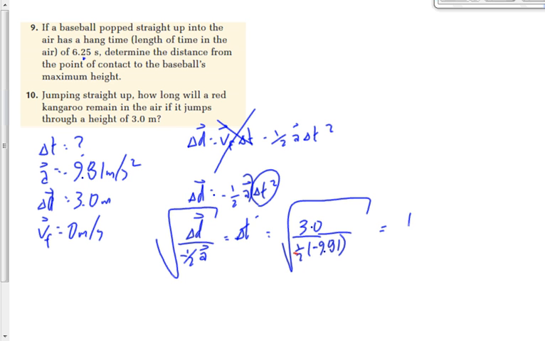You have what it is on there? 0.78? That sounds about right. Anybody agree with that? I see all these heads bobbing. Yeah, I agree with that. Why didn't you tell me in the first place if you had that answer, huh?